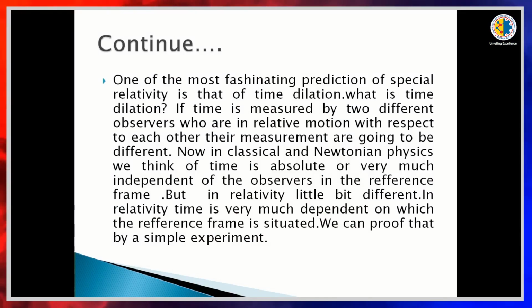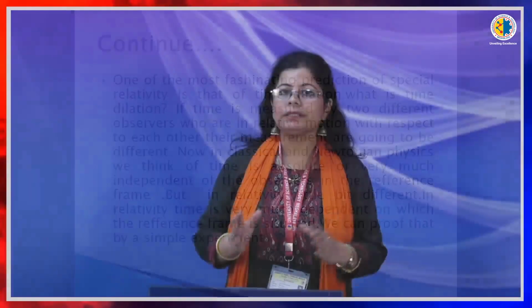In relativity, time is very much dependent on which reference frame the observer is situated in. We can prove that by a simple experiment. So, in classical physics, the speed of light is independent, and in relativity the speed of light is dependent. Two relative observers observe the speed of light differently.